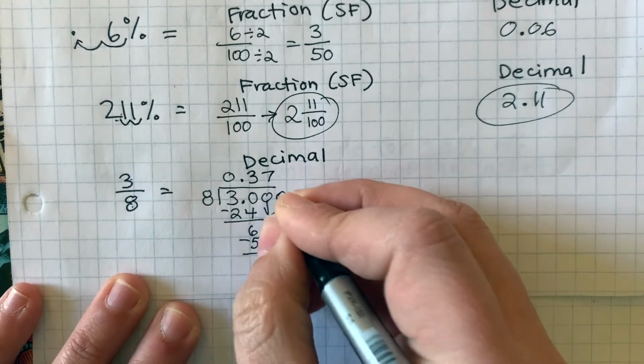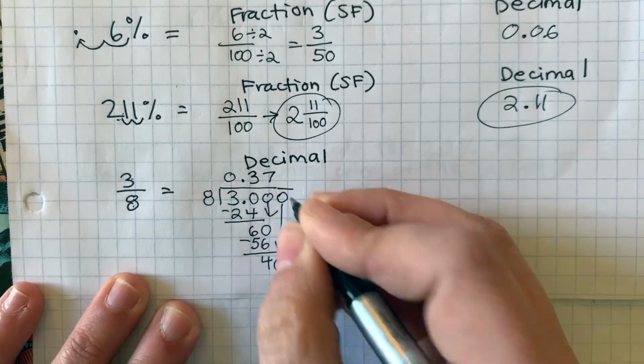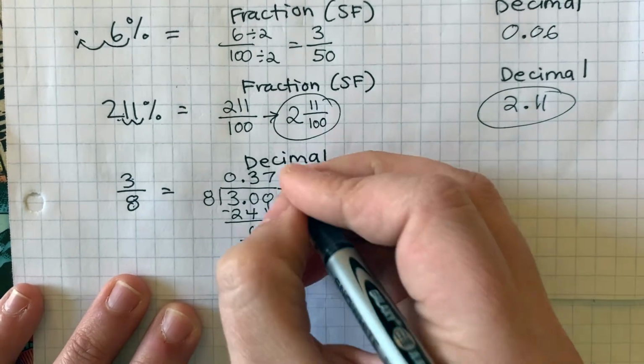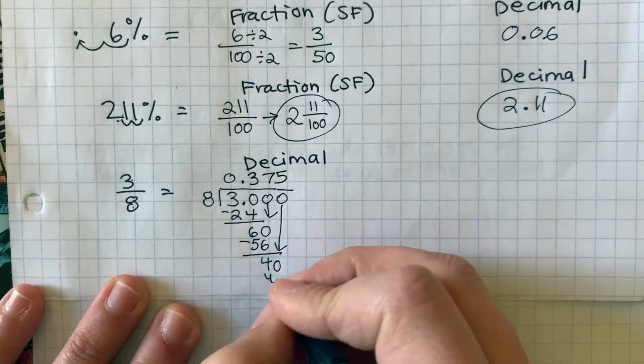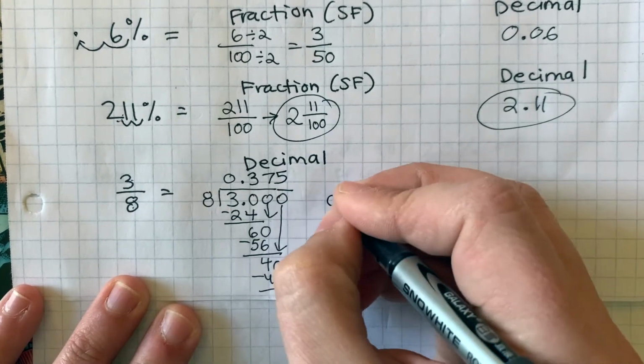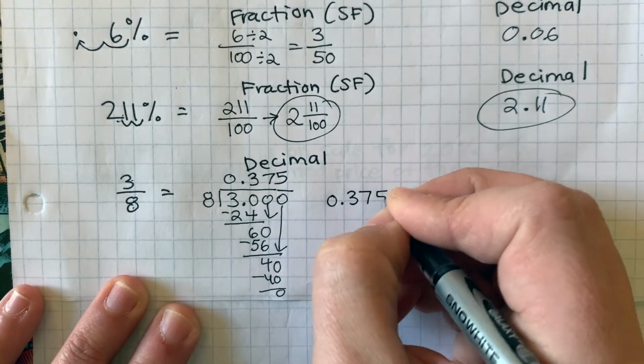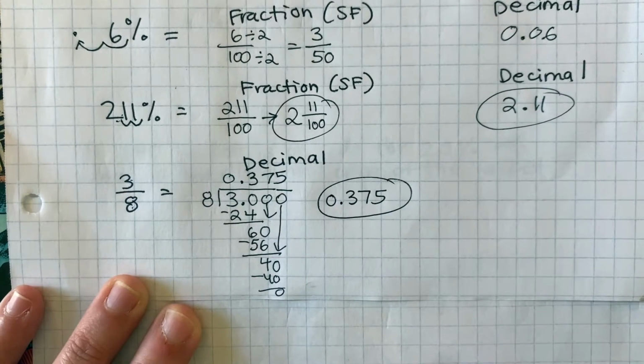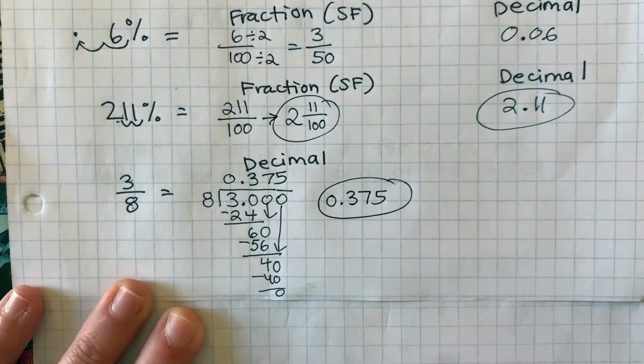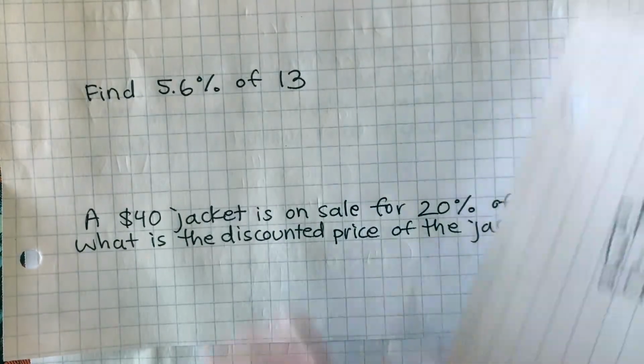We get a remainder of 4. I'm going to drop another 0 down. 8 goes into 40 5 times perfectly. So 3/8 as a decimal is 0.375 or 375 thousandths. All right.